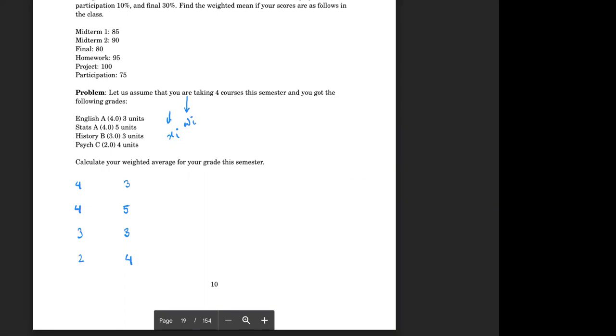Now, look, here is the scenario. These are your grades. These are your units. I want you to help me out and tell me which one is your weight, WI, and which ones are your grades, XI. It's important.